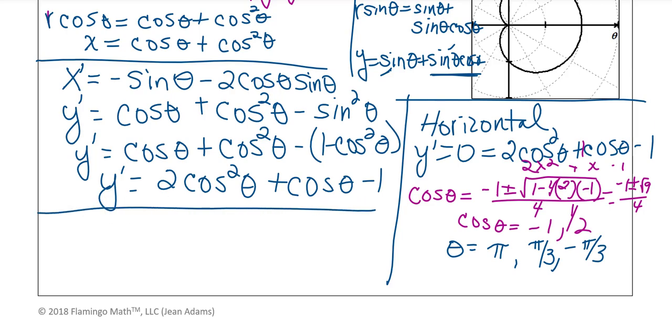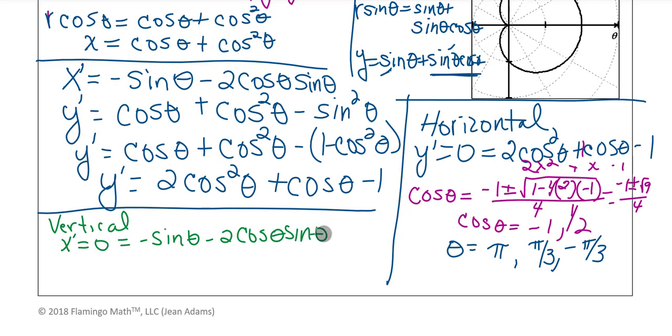So for vertical, that means I'm going to let the denominator of dy dx equal 0. So that means x prime equals 0. So that's negative sine theta minus 2 cosine theta sine theta. So I can factor out a negative sine theta.